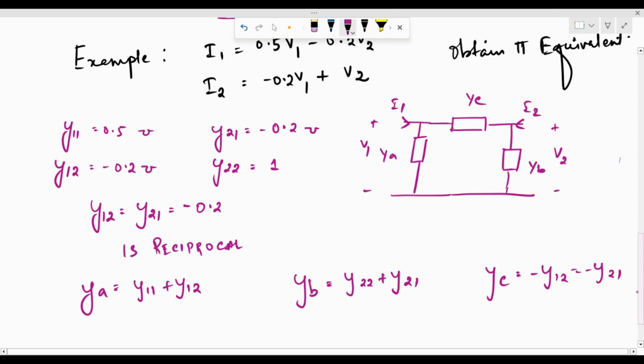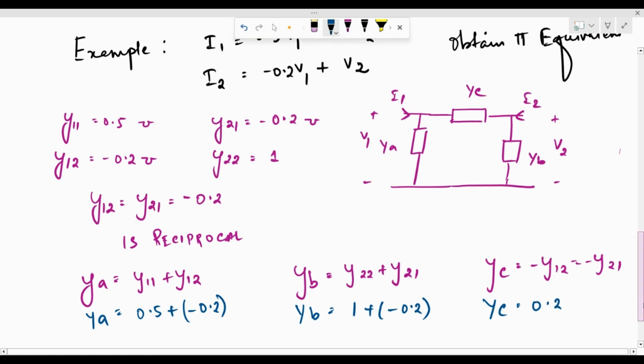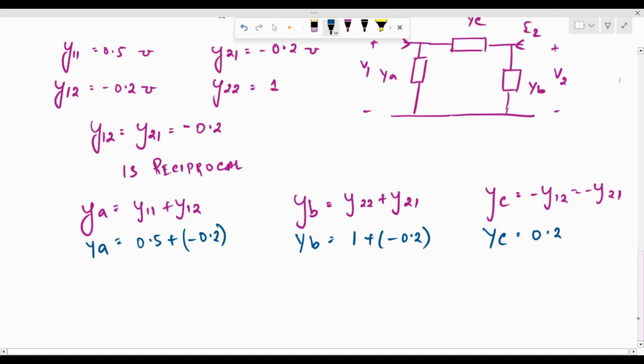So in those terms, YA is equal to 0.5 plus minus 0.2. YB is 1 plus minus 0.2. And YC is 0.2 because it's minus of minus 0.2. So we can obtain YA as 0.3, YB is 0.8, and YC is 0.2.